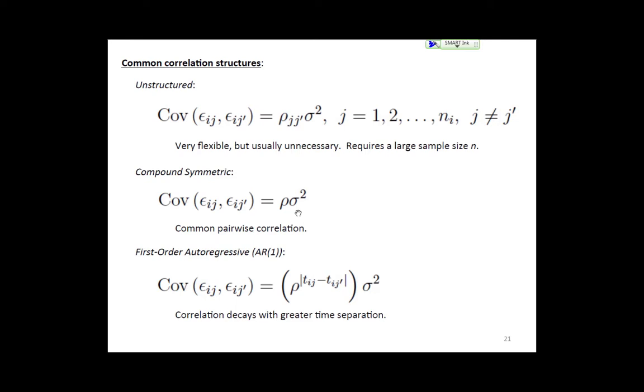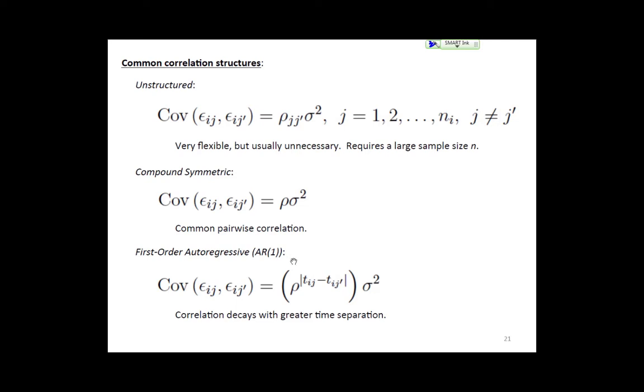So when I go to GLS and it asks me what's your correlation structure, I might say compound symmetric, and what I mean by that is within one individual, I think this is the correlation. I think the covariance matrix has sigma squared down the diagonal, and every off diagonal is equal to rho sigma squared. There's only two parameters that need to be estimated for that. Common pairwise correlation within the same individual.